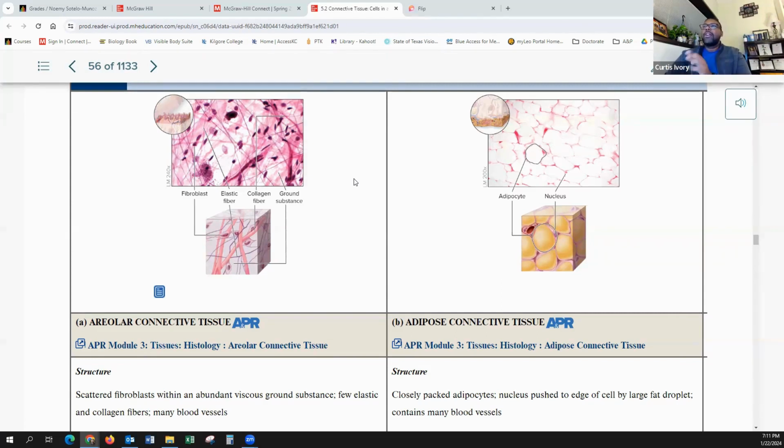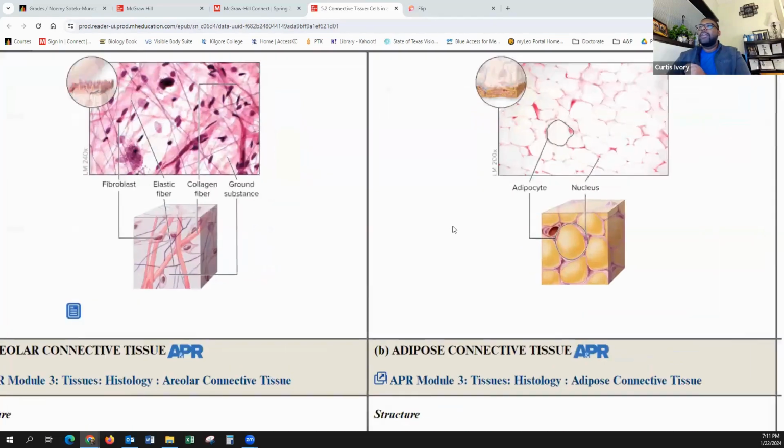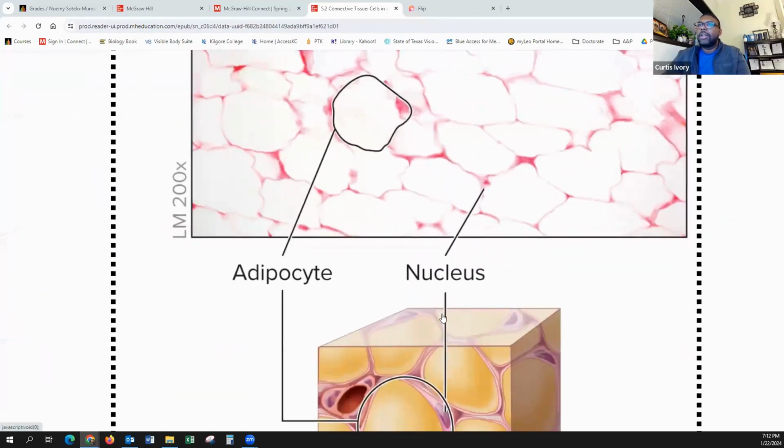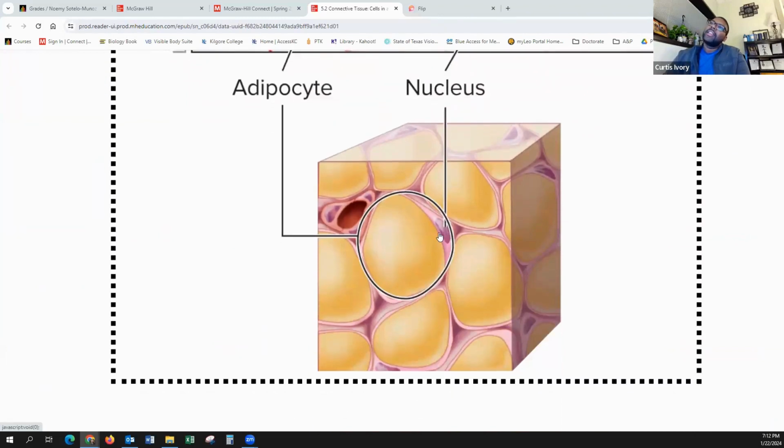The next one to the right is adipose tissue. Adipose tissue stands out because if you look closely, the nucleus is always pushed to the outside. Remember that adipose tissue is fat, so it's squeezing the nucleus to the very outside. It's so fat that it pushes everything to the outside of the cell.